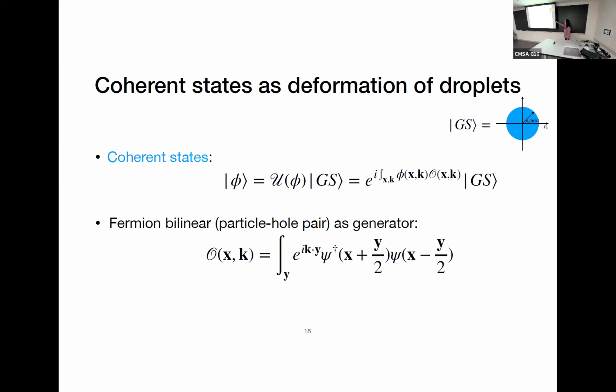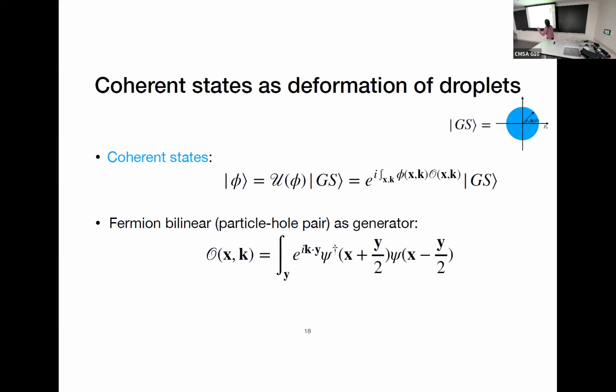Here comes the formalism. How can we formulate this theory? This is something called the coherent state approach. We can think about the coherent state as some deformation of the droplet here.